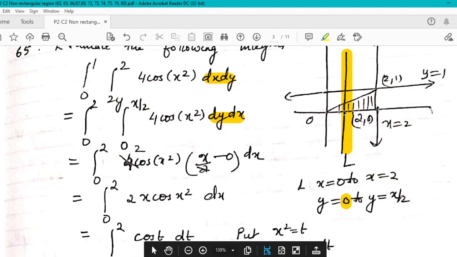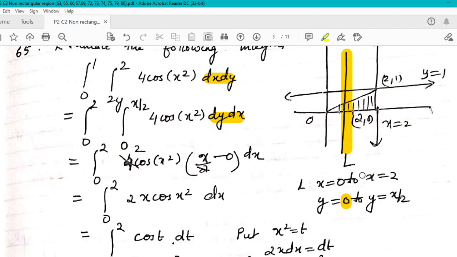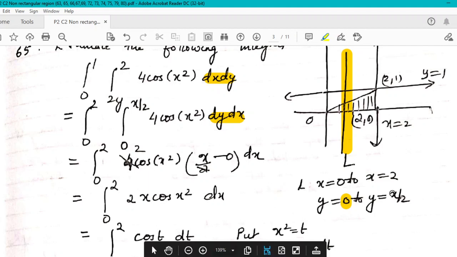Now, as this line passes through the region, it touches the boundary at this point. The equation here is 2y equal to x, so y is equal to x by 2. So we get the limit of y as 0 to x by 2.